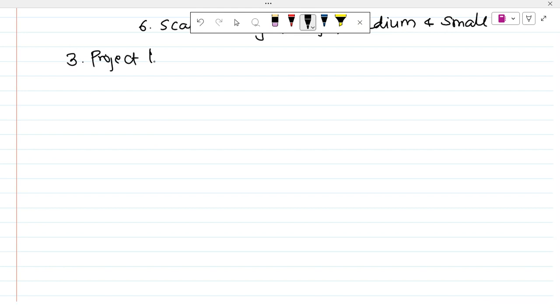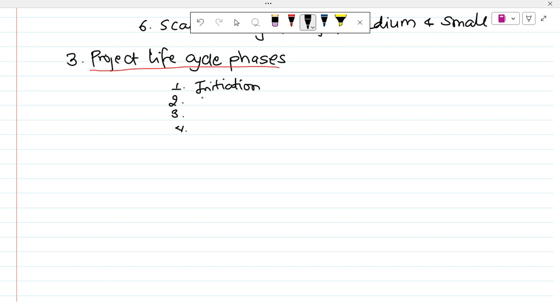There are four main parts during the life cycle of the project: project initiation, project planning, project implementation, and project termination.